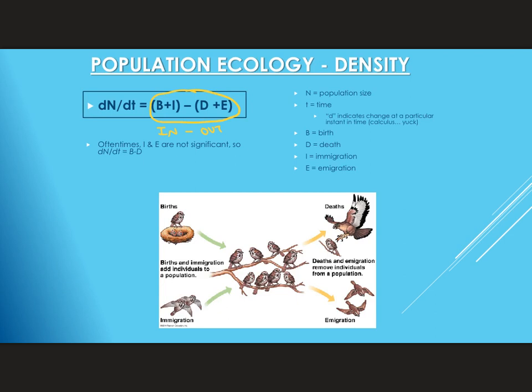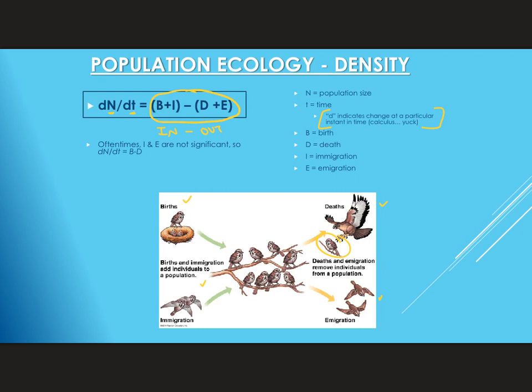So N is your population size, T is time, and this whole d idea is a calculus thing, not to get too caught up in it all. Then there are two ways to get into our population: birth and immigration. And there are two ways to get out: death and emigration.